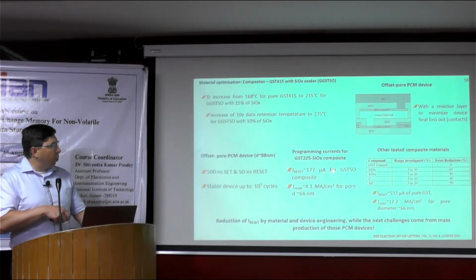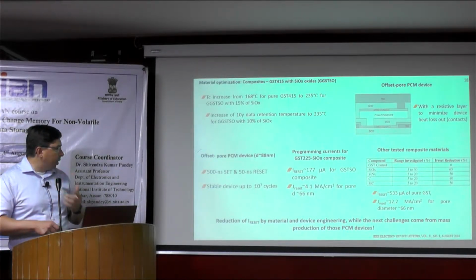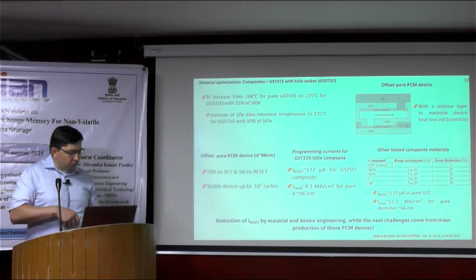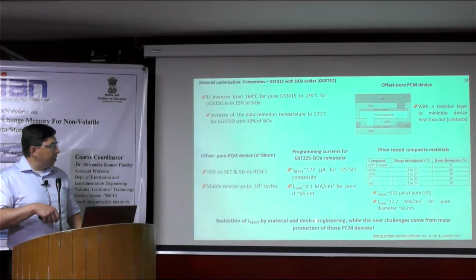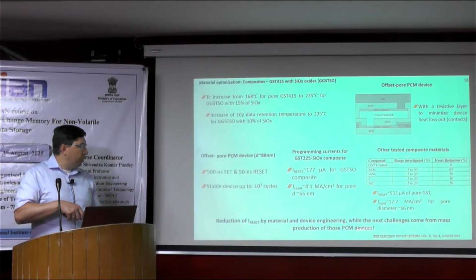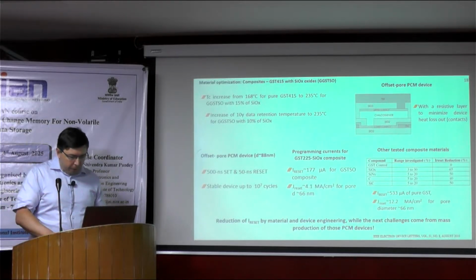This is for the composite, and the reset current density is also in this range. So we see the reduction of reset current by materials and device engineering, and the next challenge comes from the mass production of such PCM devices.